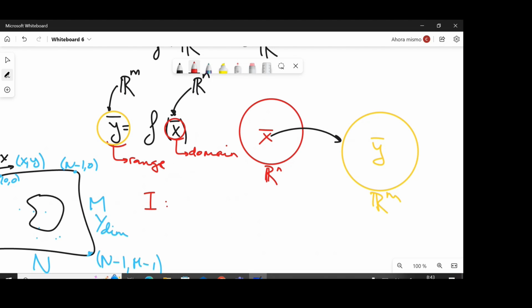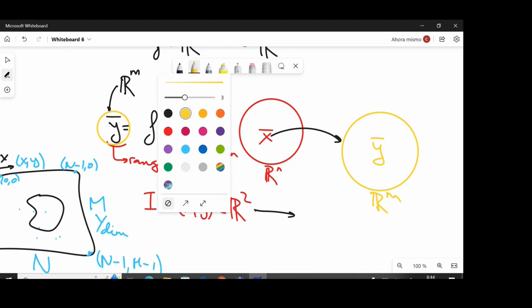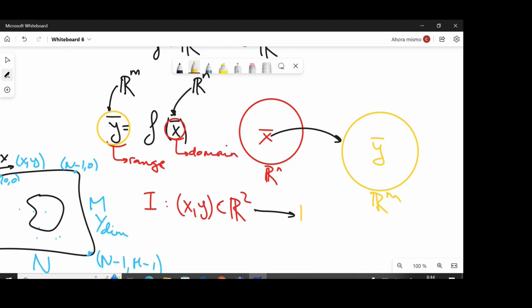So I is a function that takes xy coordinates belonging to R^2 and transforms these. Let's change colors. So now they are transformed onto R^3. Why R^3? Because we have RGB.